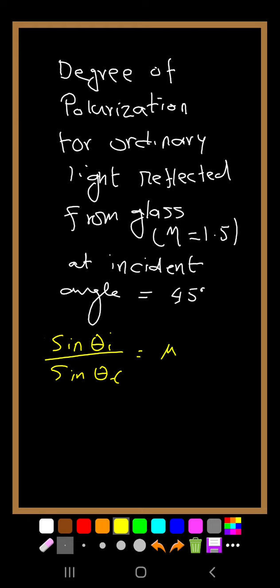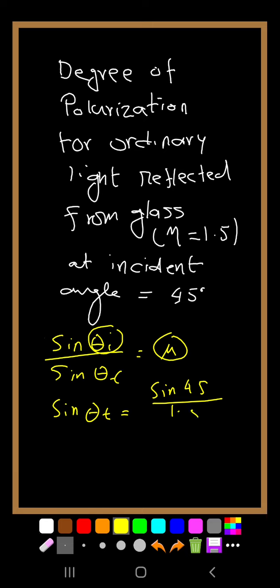Here we know the angle of incidence and we know mu, so we can write sine theta T as equal to sine 45 divided by 1.5, and so it turns to be equal to 1 by root 2 into 1.5.